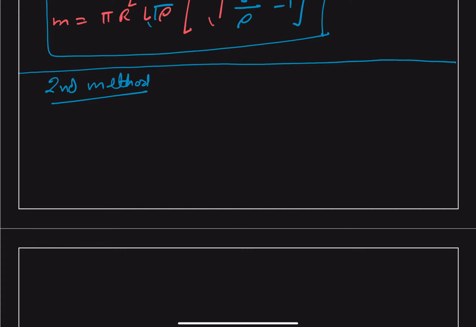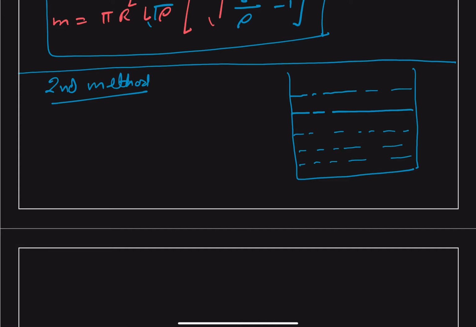For the second method, let us draw the diagram. So this is our liquid surface, and we have a stick which is making the angle theta with the level of the liquid, that is the horizontal, and there is a small mass here.